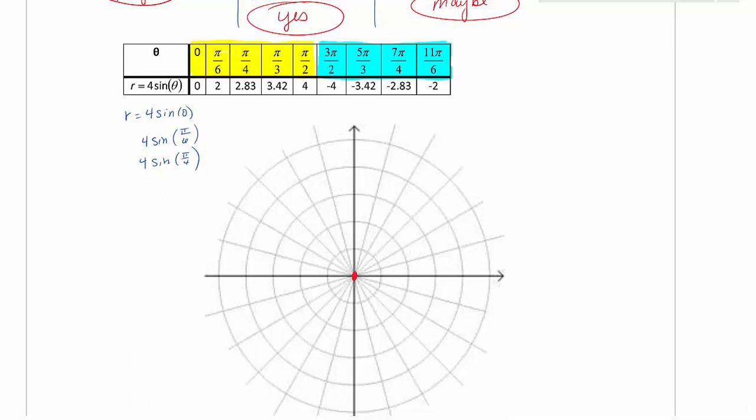All right, so our next angle measure is pi over 6. That's this one, because this is going by 15 degrees. And our r value is 2, so we're going 2 rings out, right there. Our next angle is pi over 4. And we're going 2.83 rings out. Of course, we're just estimating here.